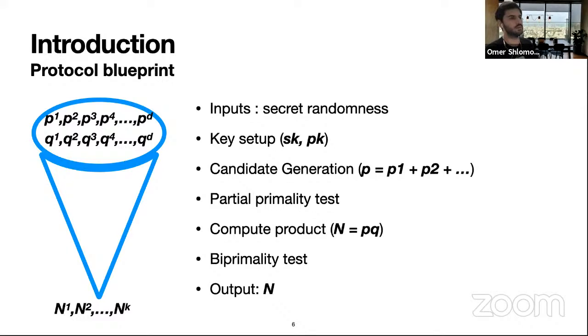One easy way to think about it is, let's say we want to generate P and also Q. For P, each party would take some of its randomness and would share it, and then we can add all of the randomness together to get this candidate. Then we need to do the best we can to test for primality, and then we can move on. Could be the byproduct, the biprime, and test it, and so on. So this is kind of a funnel.